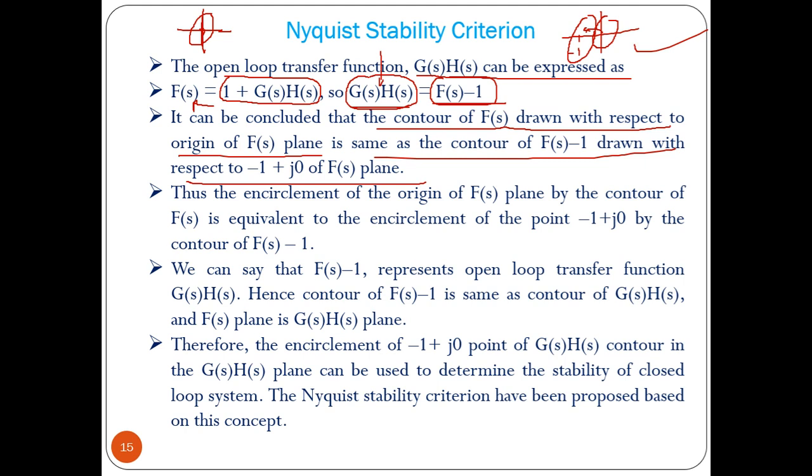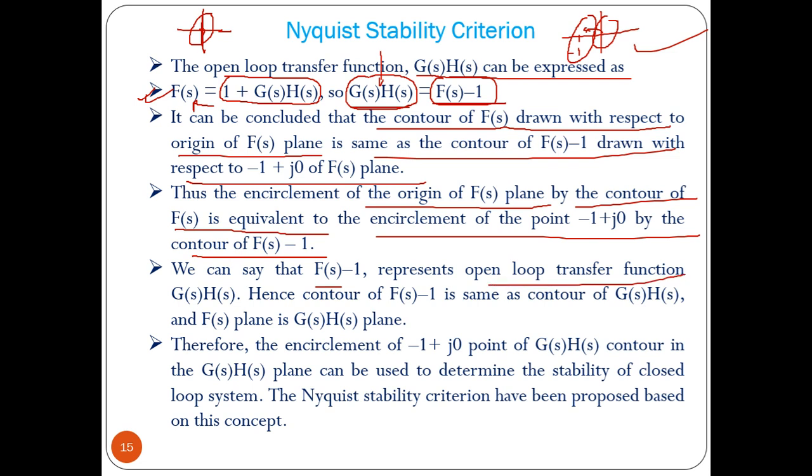Then the encirclement of the origin of the F(s) plane by the contour of the transfer function is equivalent to the encirclement of the point minus 1 plus j0 by the contour of F(s) minus 1. Both are the same. So we can say that F(s) minus 1 represents the open loop transfer function.